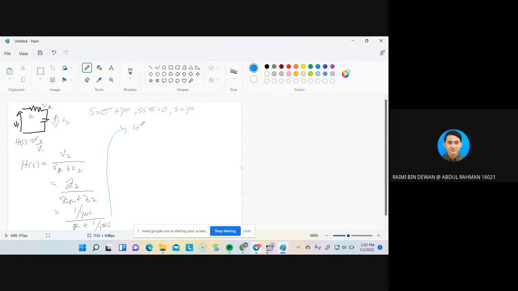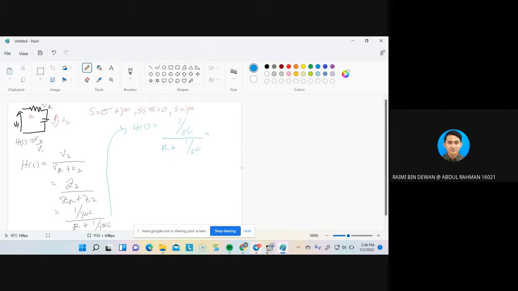Hs. Now we do the replacement. So j omega here will be 1 over sC, over R plus 1 over sC. Small s, capital C, C is the capacitance value. And then you need to do some rearrangement in such a way that you have a more generalized form.